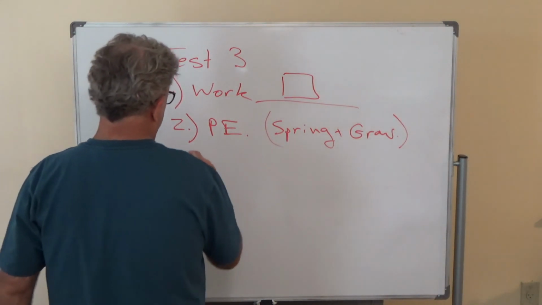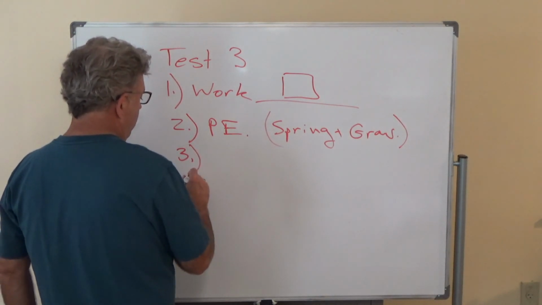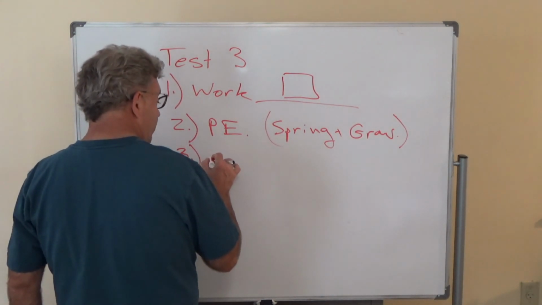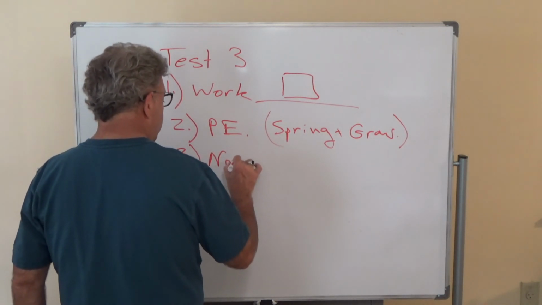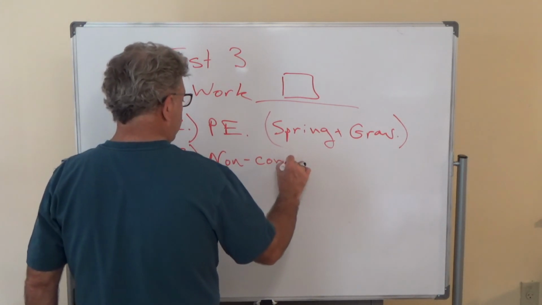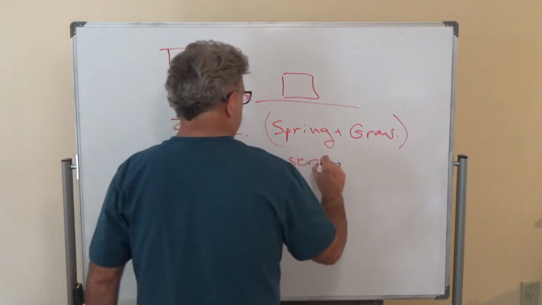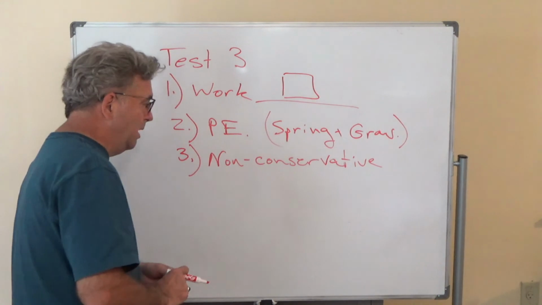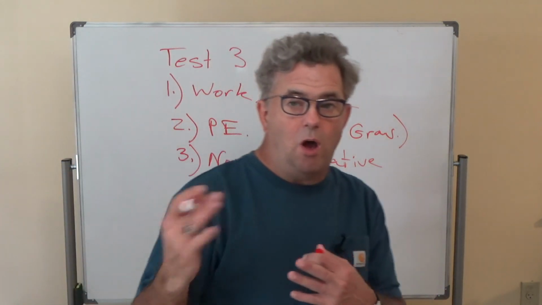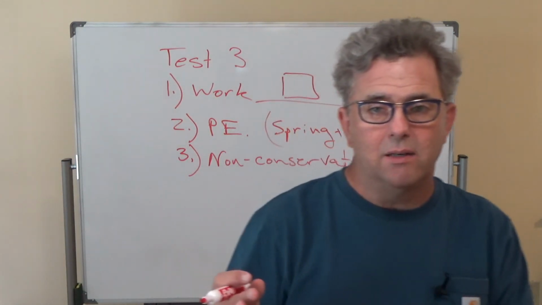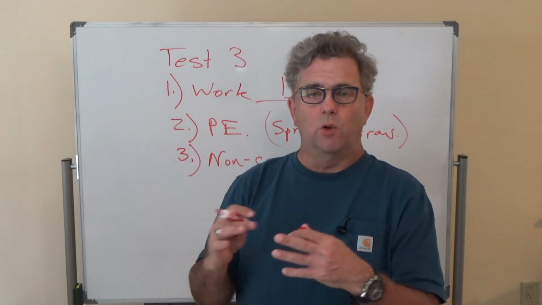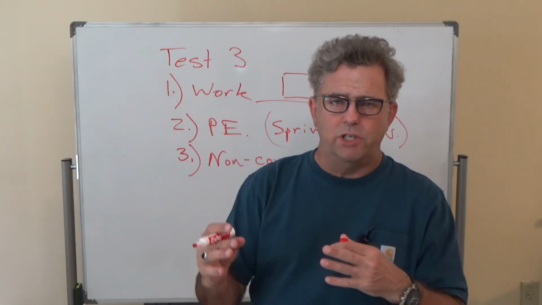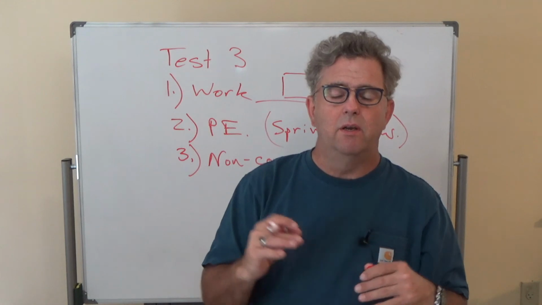Number 3. Non-conservative forces. So I want to see if you kind of understand this relationship between losses and work done by non-conservative forces. So it'll still be a work kinetic energy problem. I mean, that rules everything.